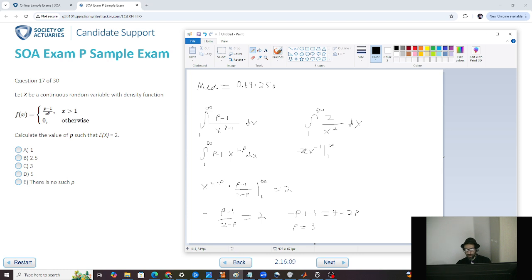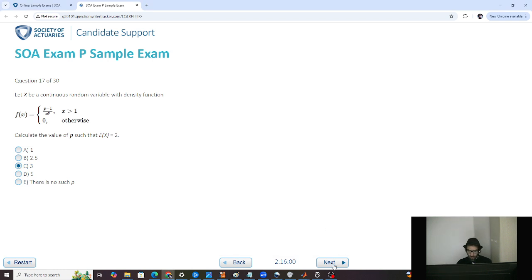So get rid of the negative and swap the 1 and the infinity: 2 minus 0, yes, does equal 2. It's choice C. It's answer 3.